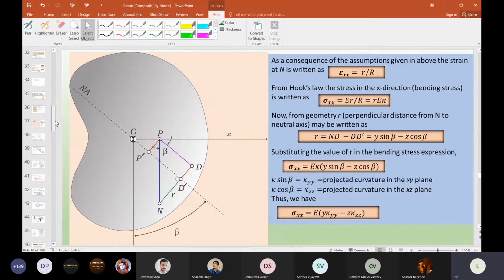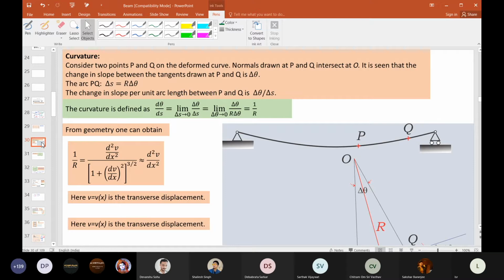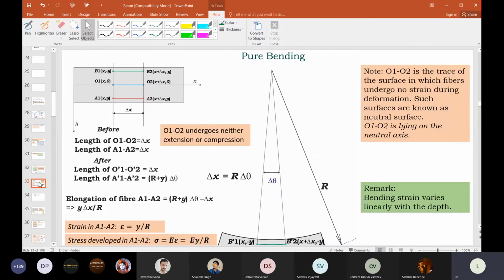I can show you, but unnecessarily it takes extra time to draw. Here we have shown that epsilon is equal to y by R. Strain at any location is y by R.